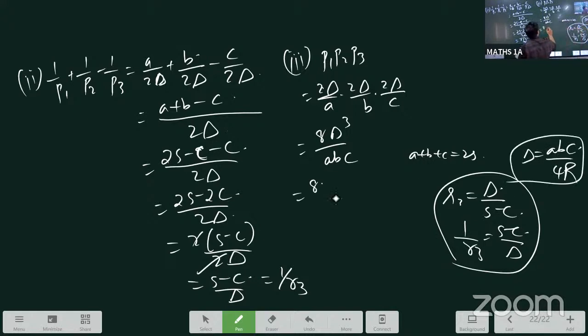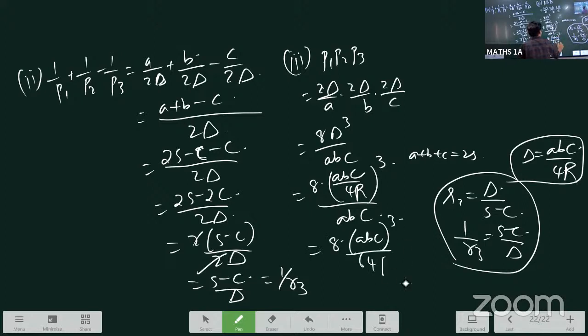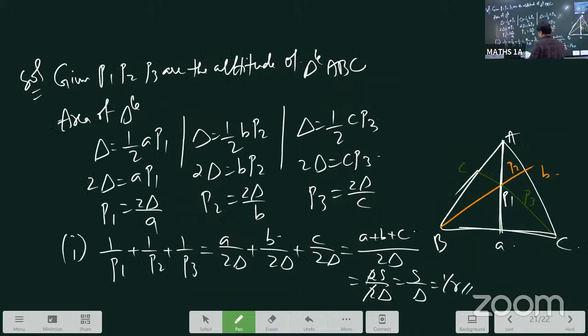So, 8 into ABC by 4R whole cube by ABC. 8 into ABC whole cube by 4 cube is 64R cube divided by ABC. One ABC, square it gets cancelled. 8 ones are 8, 8 8s are 64, right? That is ABC whole square by 8R cube.